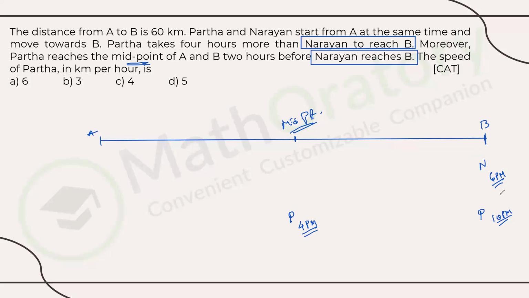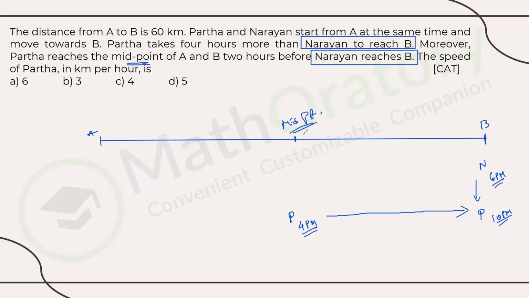If you are good with basic relationships, this is 4 hours more, this is 2 hours less, so you should mentally understand these two have a difference of 6 hours. If not, just take an arbitrary time. So Partha is covering this distance in 6 hours.